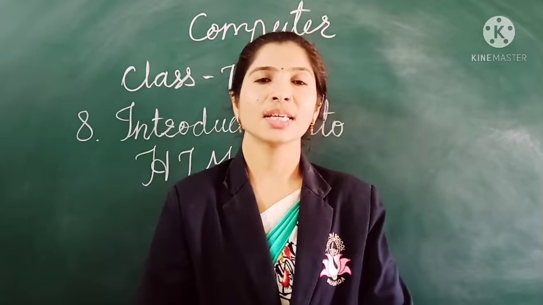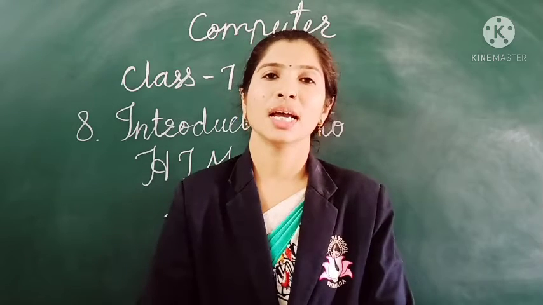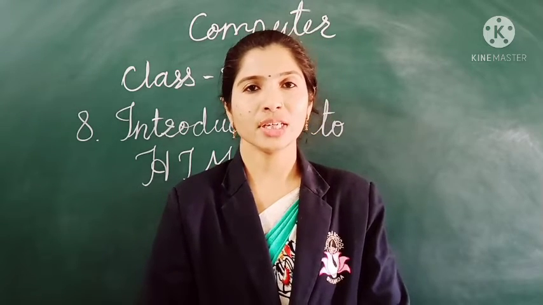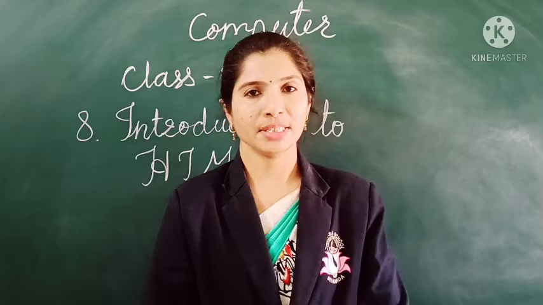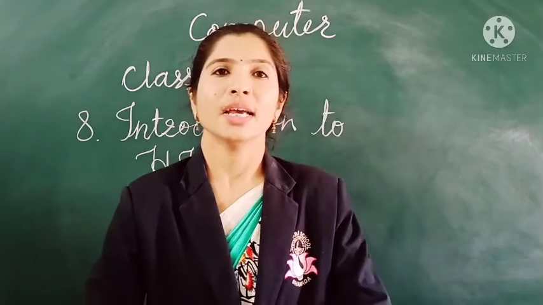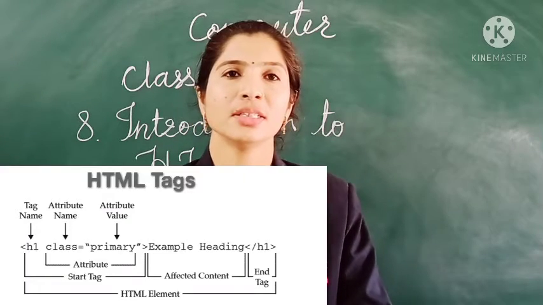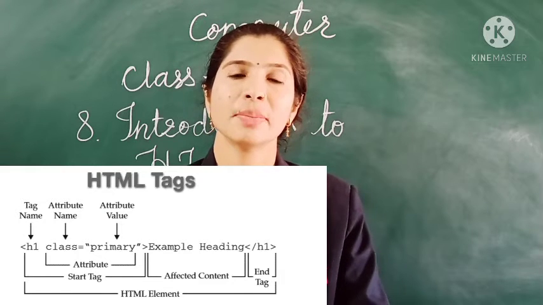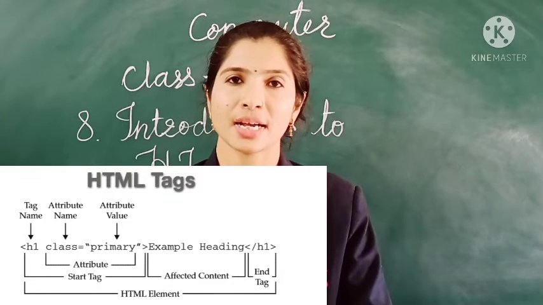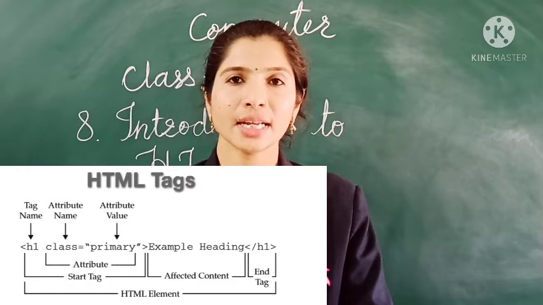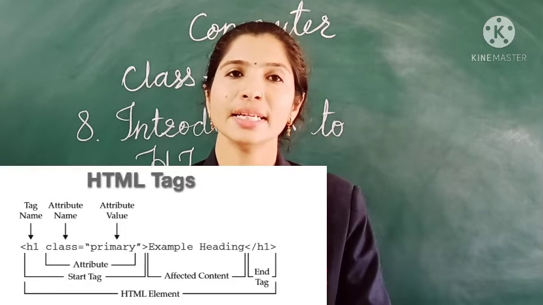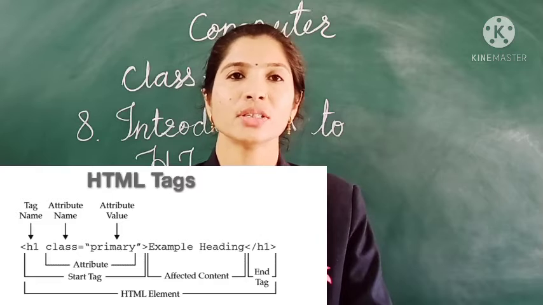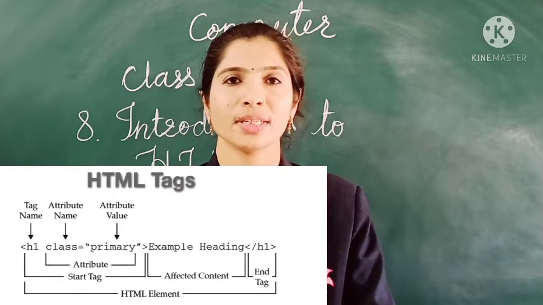Now we are going to see the HTML, head, body, title elements. Let's see. An HTML document must begin with the HTML tag. It is a container element that identifies the document as an HTML document.